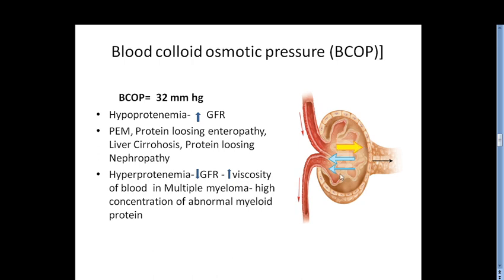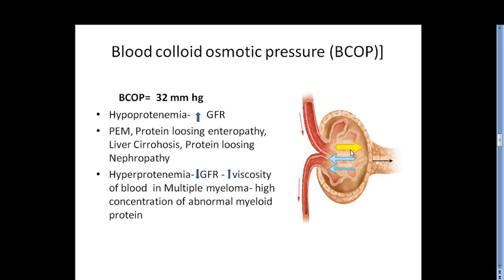The conditions which involve the glomerulus come under the renal cause of renal failure, and the conditions related to systemic arterial blood pressure, like high systemic arterial blood pressure, come under the pre-renal cause.